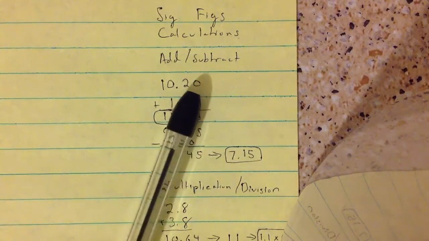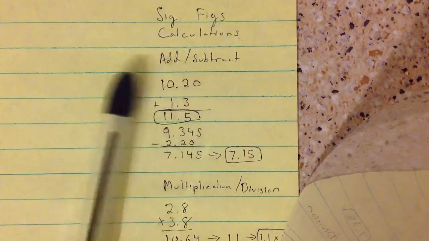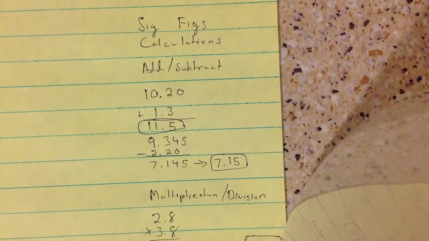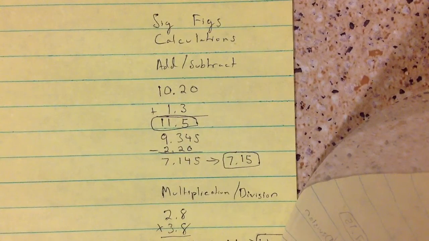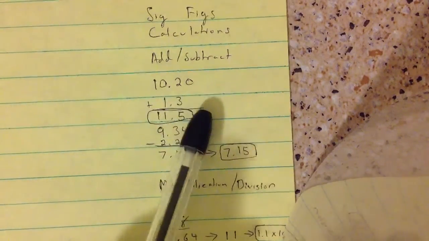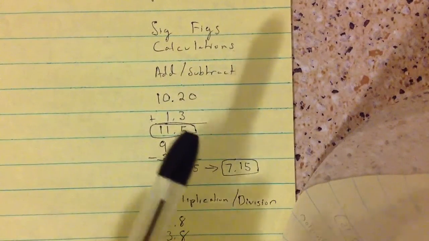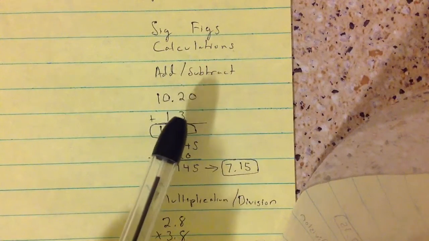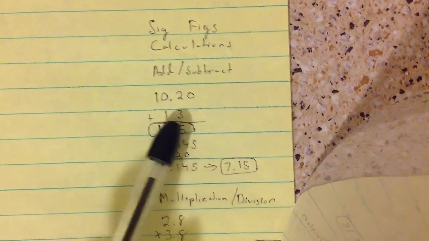There's two numbers to the right of the decimal point here. And a big thing when you're adding and subtracting is it's not dealing with the sig figs of the entire number, because the sig figs for the entire number for this one is 4, and for this one it's 2.